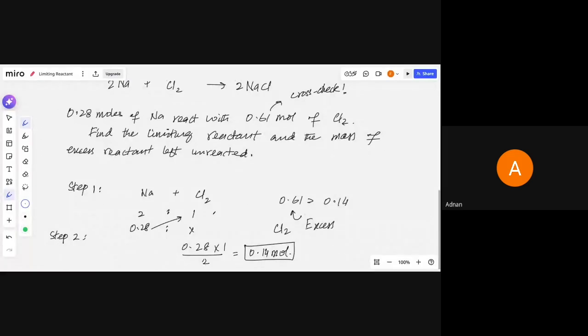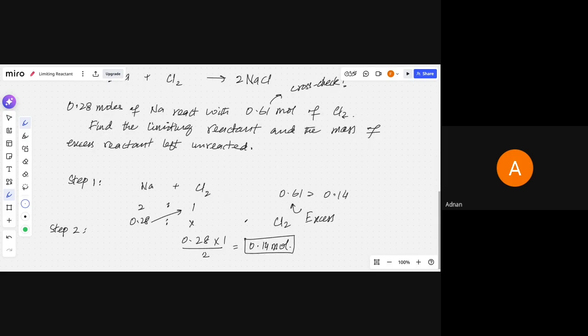So when one of the reactants becomes an excess reactant, automatically the other reactant will be the limiting reactant. This is very important. Let me repeat. In this case, chlorine is our excess reactant, which we can clearly see. We need 0.14 moles of chlorine in order to react with 0.28 moles of sodium.